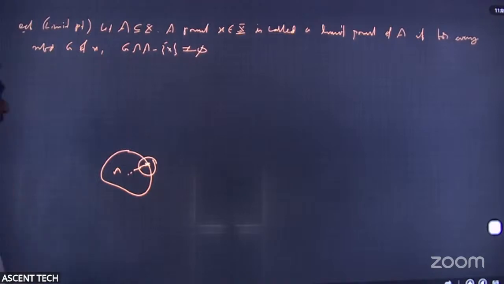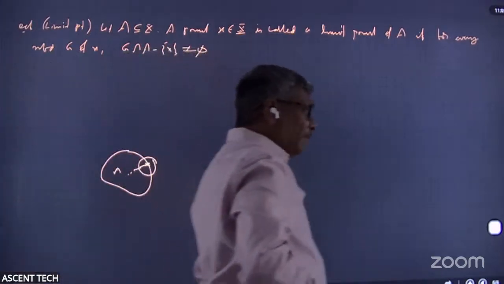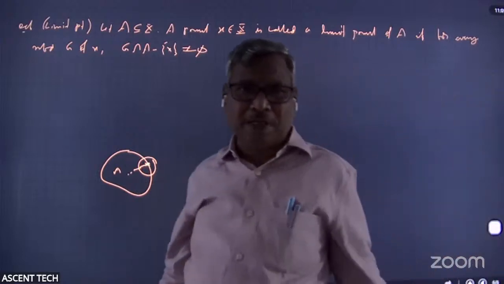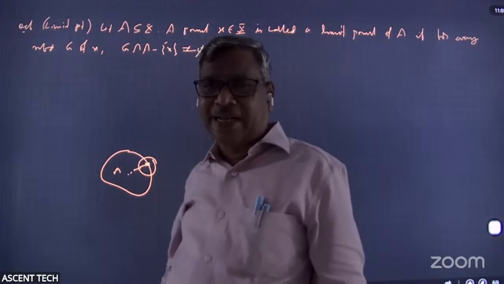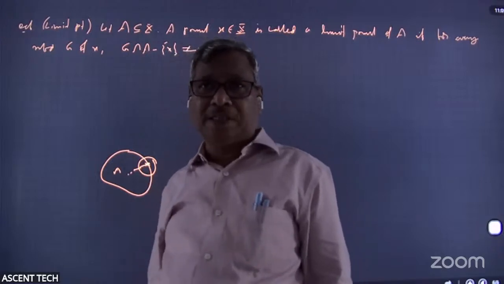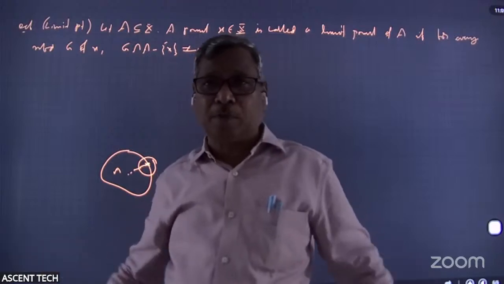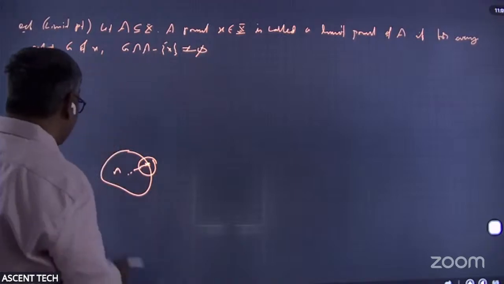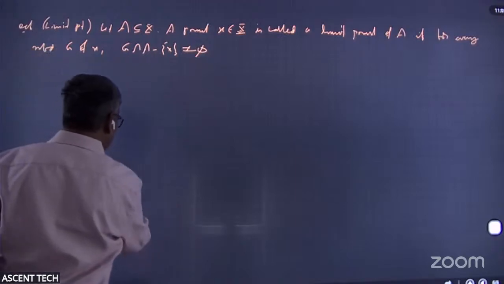I'll give you enough examples. First of all, I have not given you enough topologies. I've given you about four topologies so far. Once we introduce the idea of a base of a topology, we'll tell you how to generate lots of topologies. It's not a big deal if I haven't given you too many examples.